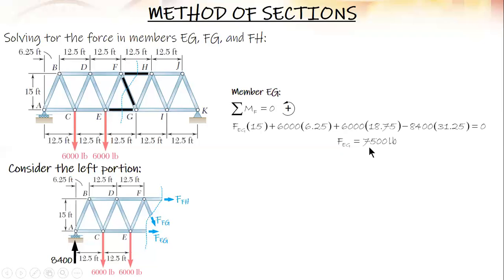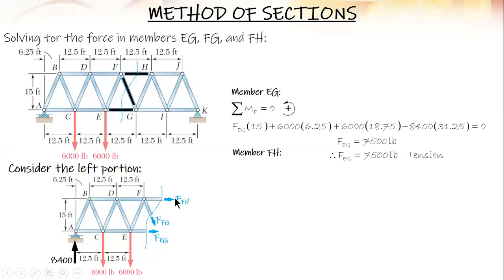Force of EG is 7,500 pounds. Positive, huh? And we assumed all the forces to be tensile and positive, therefore EG is in tension. Okay, next.